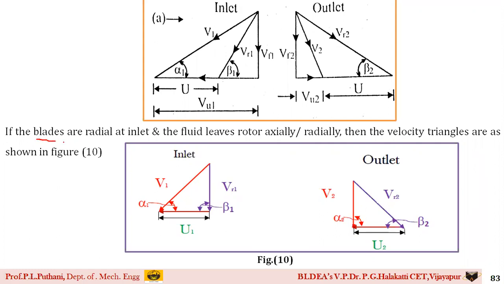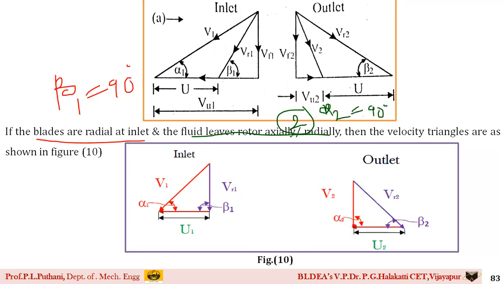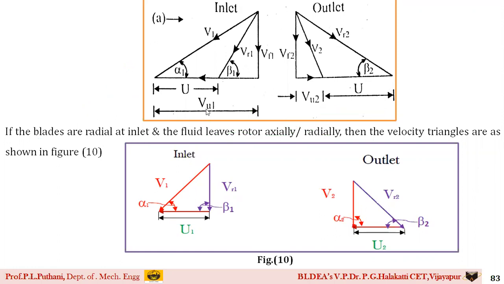Blades radial at inlet means beta 1 is equal to 90 degrees for the inlet velocity triangle, and the shape changes to this fashion. Similarly, the next condition, the fluid leaving the outlet velocity triangle radially or axially, that is the second condition, alpha 2 is equal to 90 degrees. You have to change the shape accordingly and get the answers. So these are some of the hints you need to remember when you are drawing the velocity triangles.